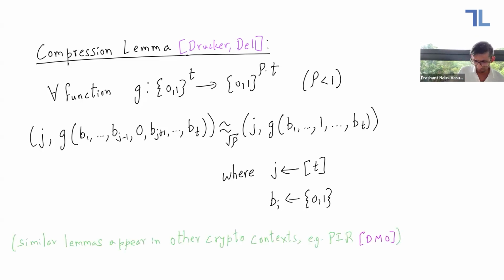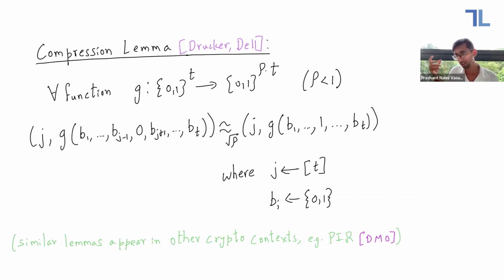And similar things have been used in the past in cryptography as well, with things like PIR, where again you have this kind of lossiness property, because in PIR you have this big database that the server has, and you're communicating with the server, but the server's output is short. Server's messages are short.